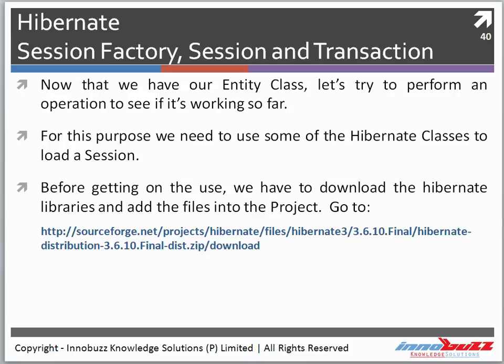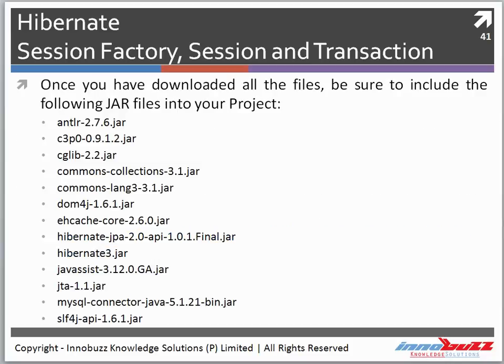First, download the Hibernate classes from the URL proposed. Once you have downloaded the zip file, put in your lib folder the jar files described here. Remember to include those files also on your project class path.